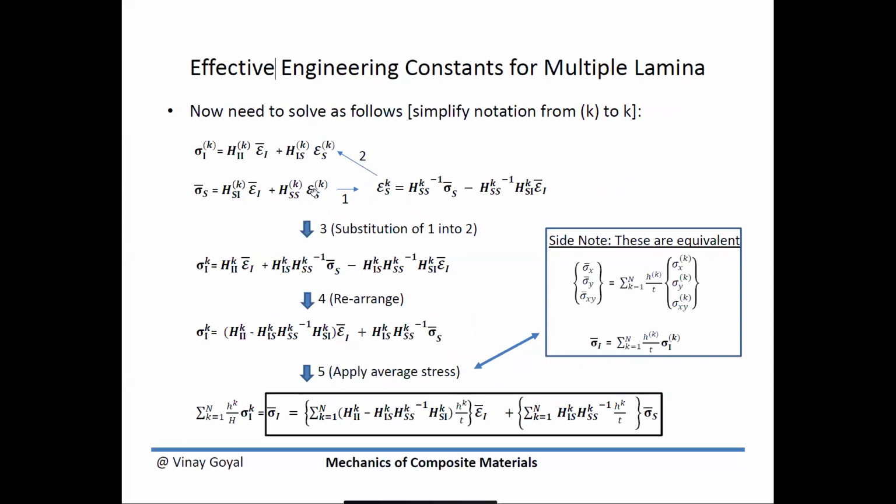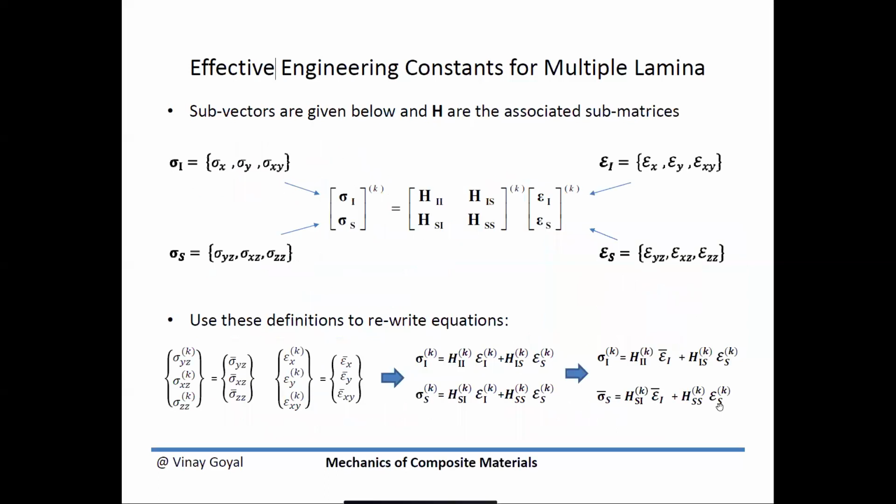I can solve this equation for epsilon S k by inverting H S S k, pre-multiplying by H S S k here. I'm able to solve for epsilon S, which is the through-thickness strains, like this. And then I can plug this into this one here. So first solve from the second equation for epsilon S k, and plug that in the top equation.